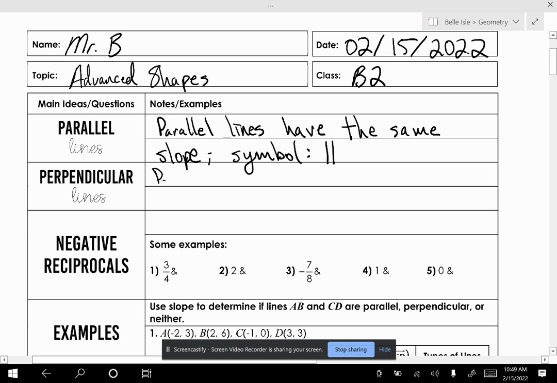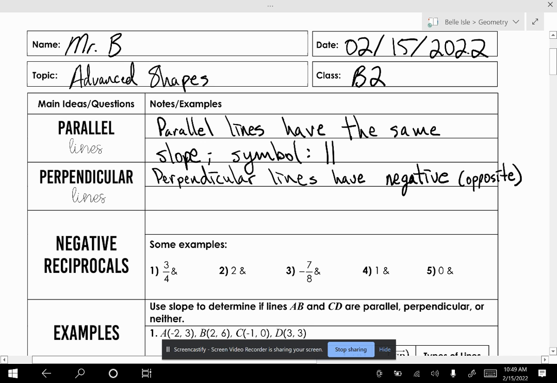Perpendicular lines have what is referred to as a negative. I have also heard it referred to as opposite, so I'll just write that in parentheses.